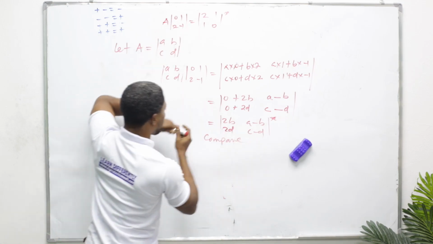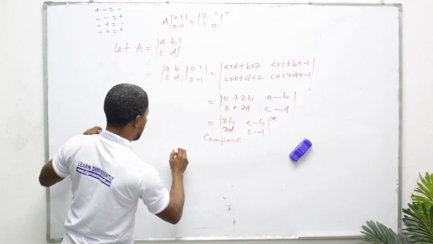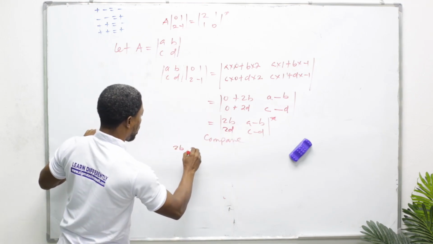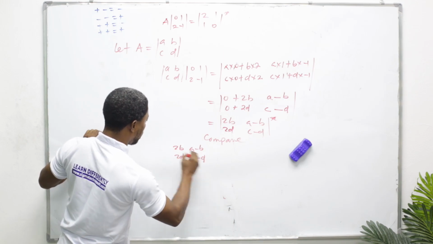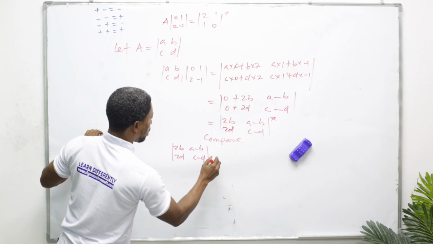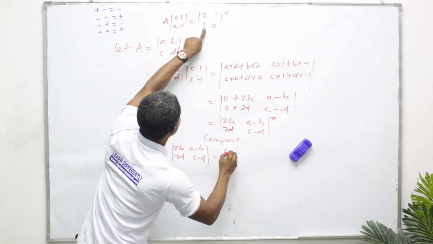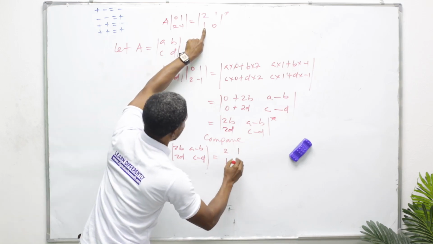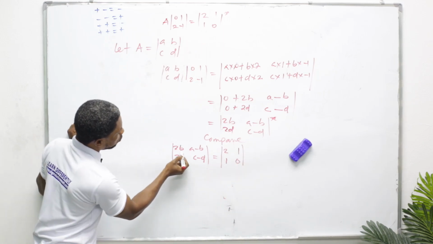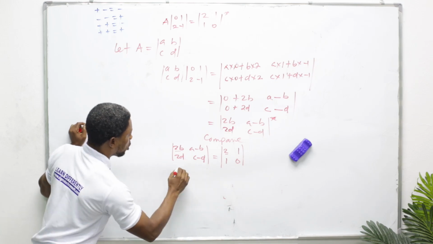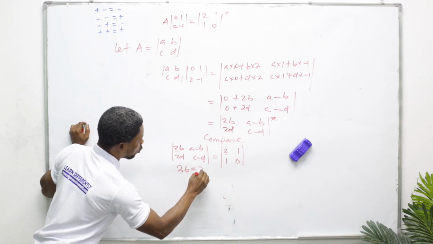Compare this and this. That means I'm going to bring this and this together. I have my 2b, a minus b, 2d, c minus d. That's what I have here, equal to 2, 1, 1, 0. Now let's compare. This first one is for this first one. So I'm going to have 2b is equal to 2.